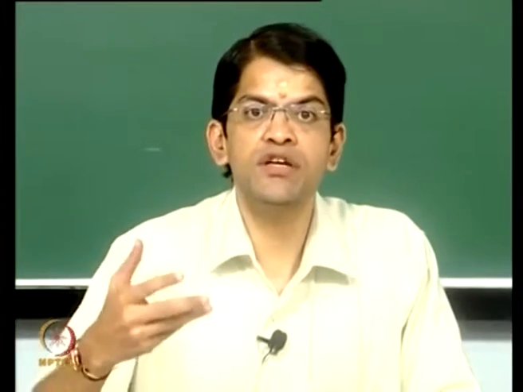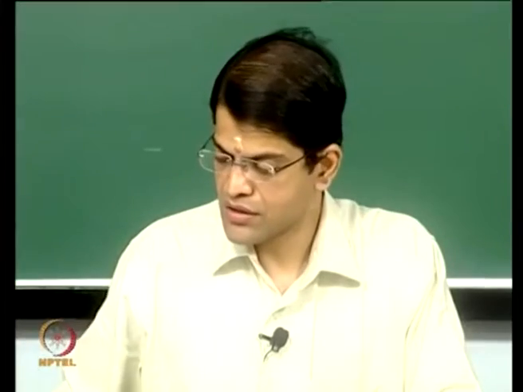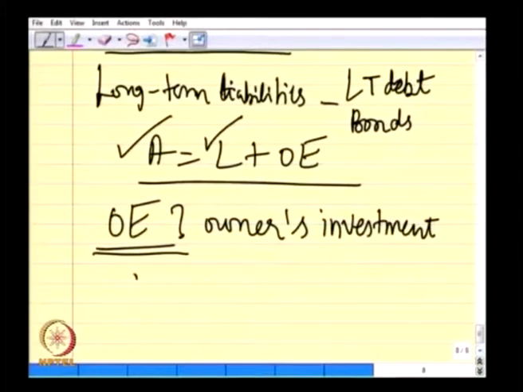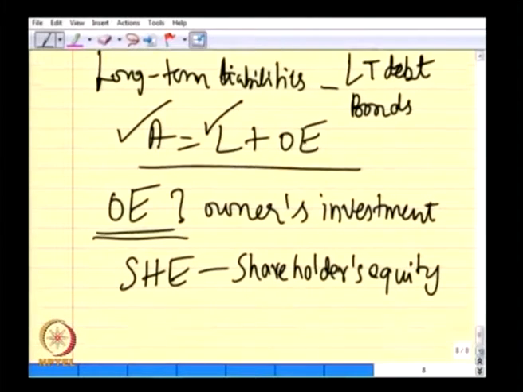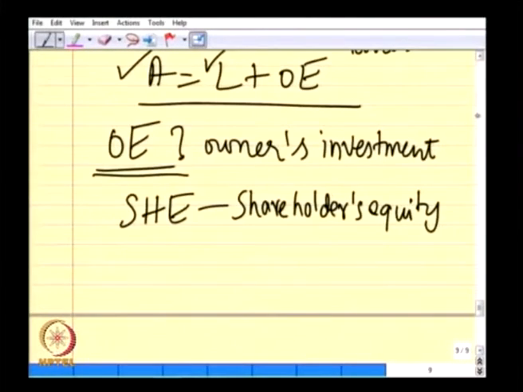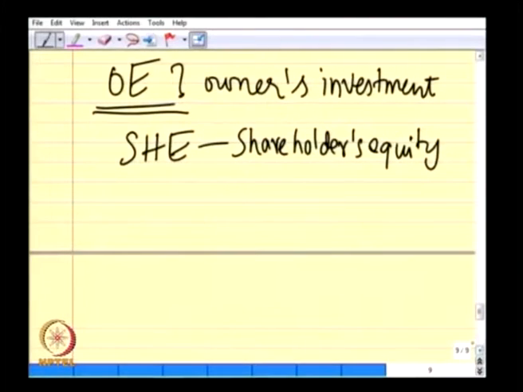So, the extent to which he owns the shares determines the extent to which he owns the entity. That is why you often see this owner's equity terminology substituted with shareholders equity, the extent to which I own the shares of a particular firm.